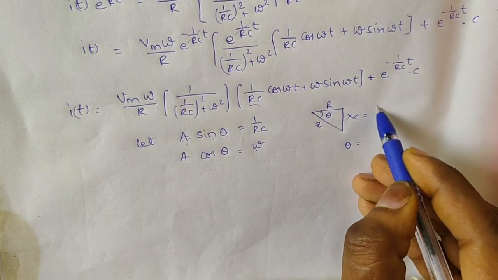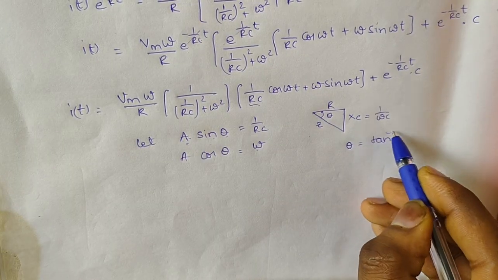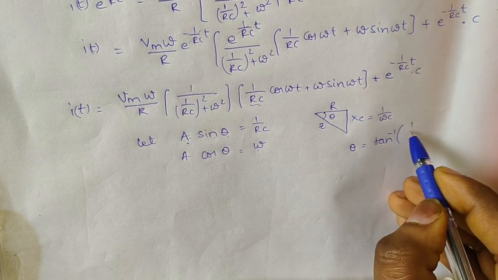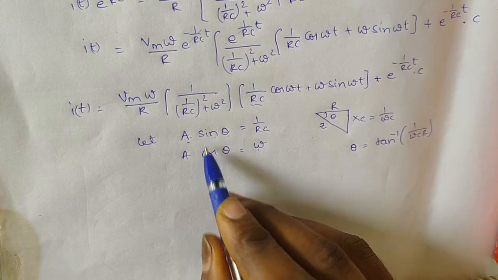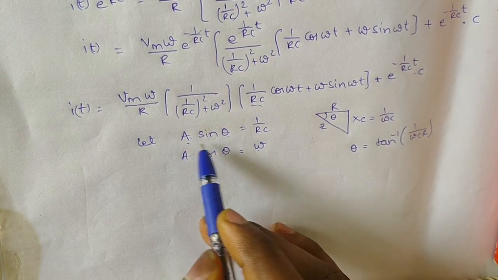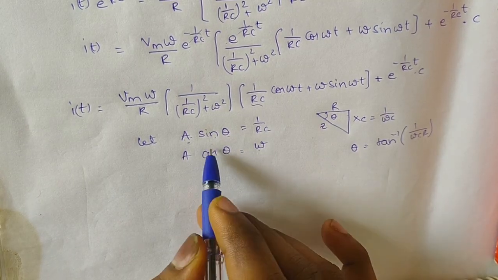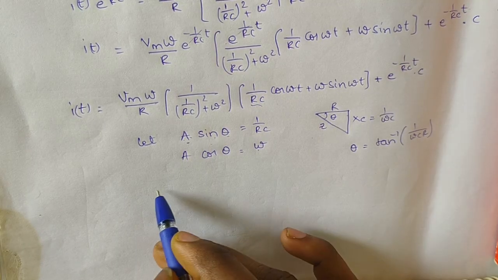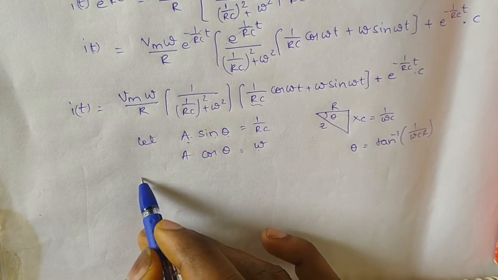XC is equal to 1 by omega C. Tan theta is equal to opposite by adjacent, so theta is tan inverse of 1 by omega C into R. This is the theta value, and to find the A value, we have an identity, squaring on both sides and adding them.